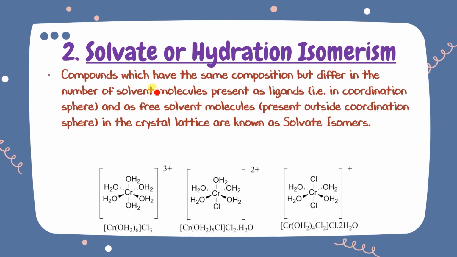So compounds which have the same composition but differ in the number of solvent molecules present as ligand, that is in the coordination sphere, and as free solvent molecules present outside the coordination sphere in the crystal lattice are known as solvate isomers.